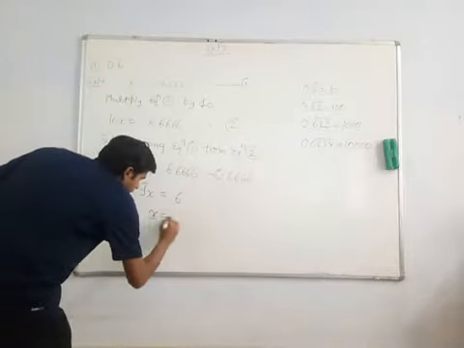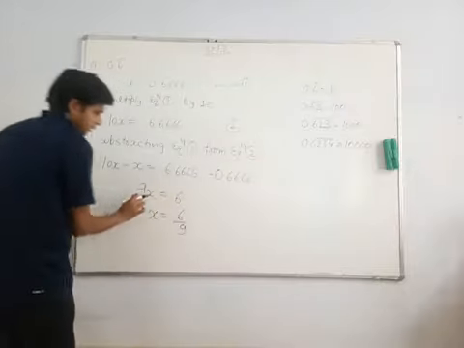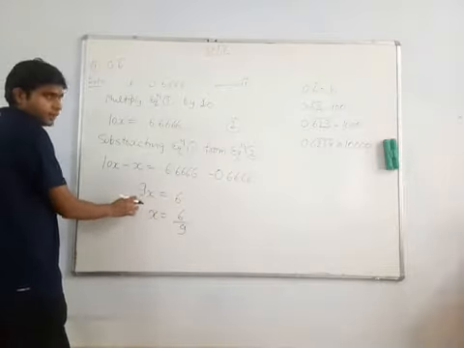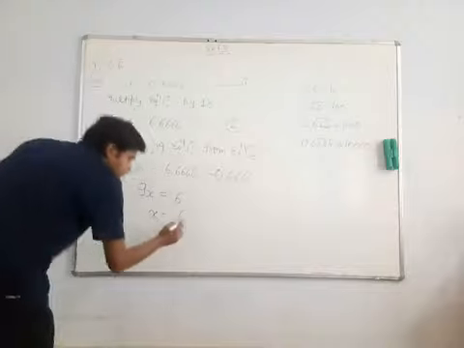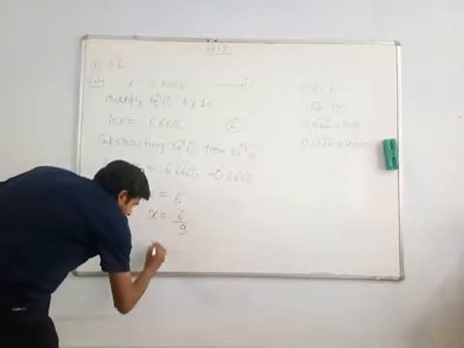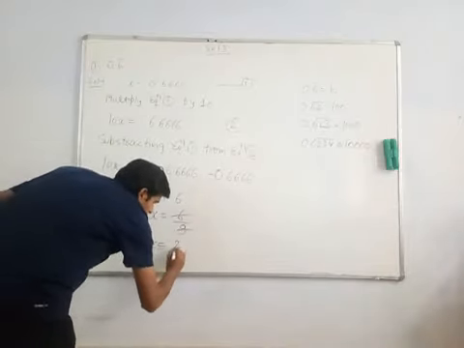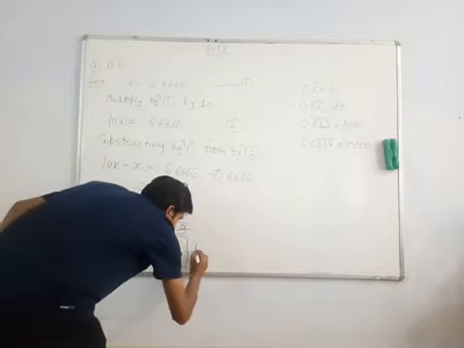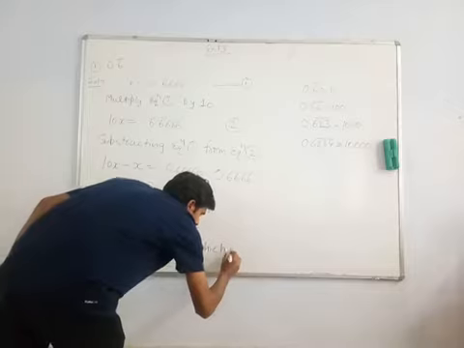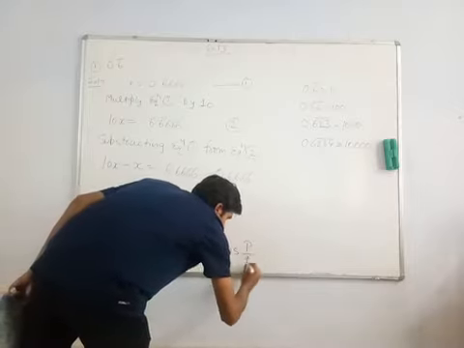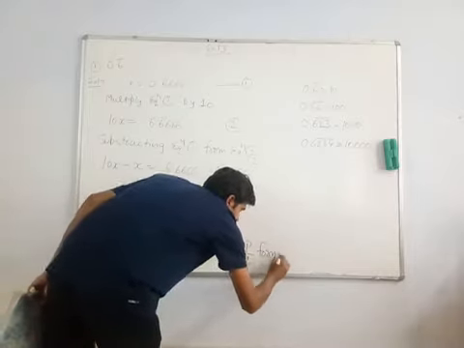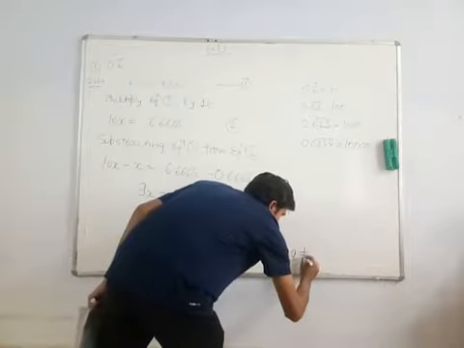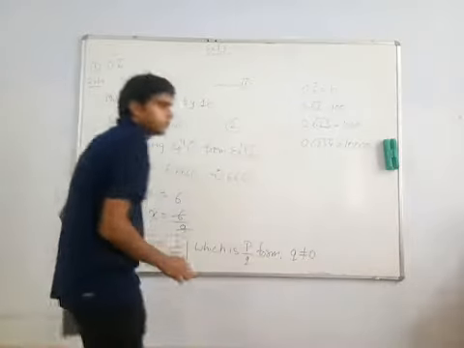So x equal to 6 upon 9. 9x is multiplied, so it goes to the other side and becomes divided. So x equal to 2 upon 3, since 3 3s are 6, 3 3s are 9. So this is in p upon q form, and q is not equal to 0.